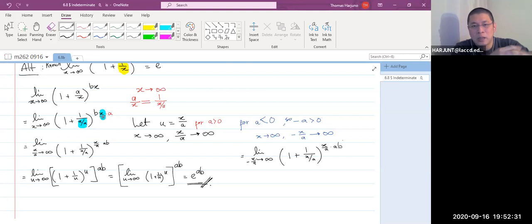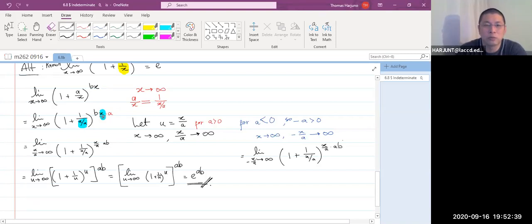What happens if a is negative? So using the same substitution for u, this will be the limit as negative u goes to infinity of 1 plus 1 over u to the u times ab.